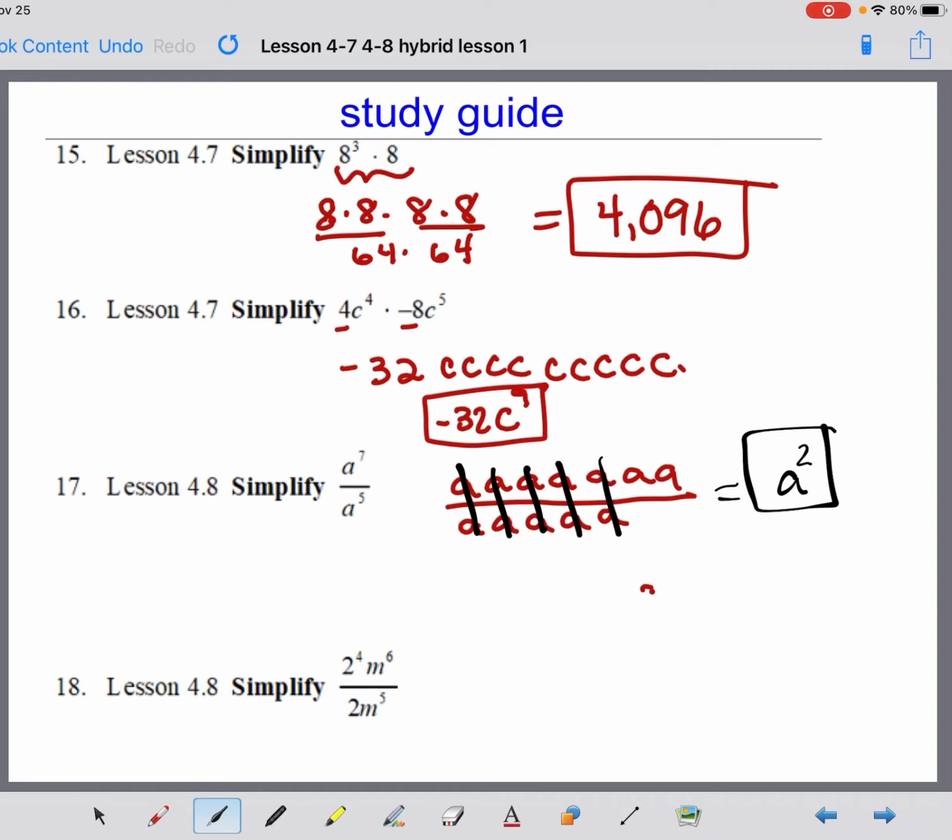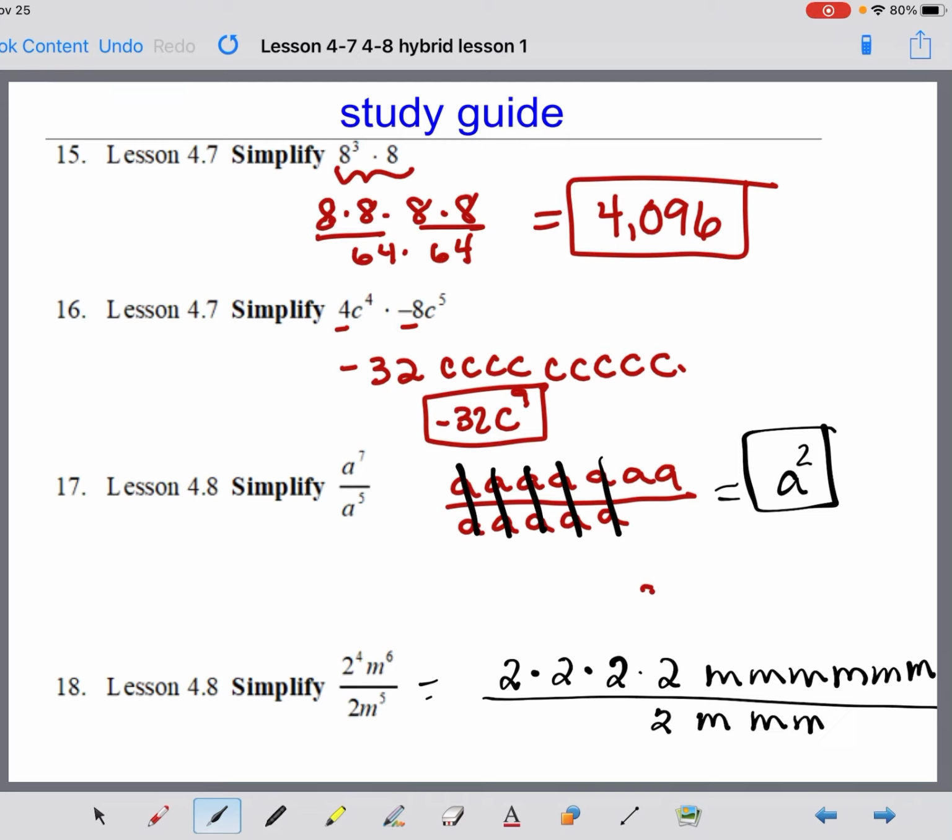The same thing is true when you're working with numbers. I have 2 to the 4th, which is 2 times 2 times 2 times 2, and then variables, which is 6 m's. Then I've got 2, and then I've got 5 m's.